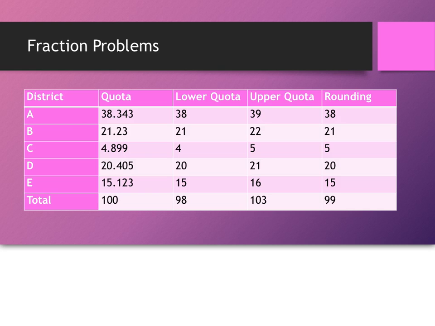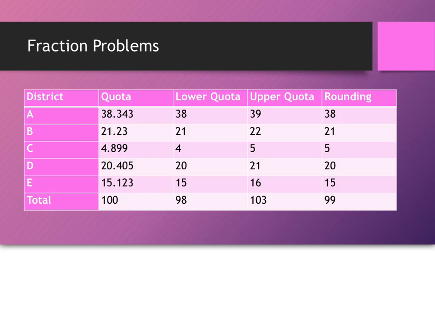Remember, we wanted to allocate 100 representatives, and 38.343 is a fine enough number, but it doesn't work when you're trying to give out a whole representative. Nobody can have 0.343 of a person. So we need to establish some rules of how to deal with these fractional parts, because we can't assign a fraction of a representative to some population. And it's not quite as easy as it may seem.